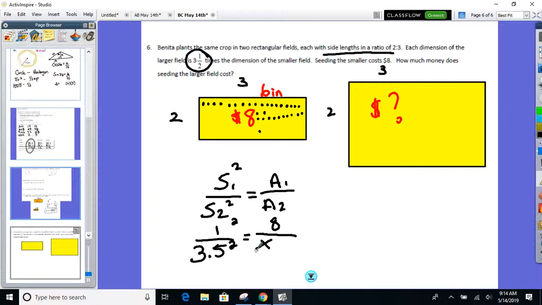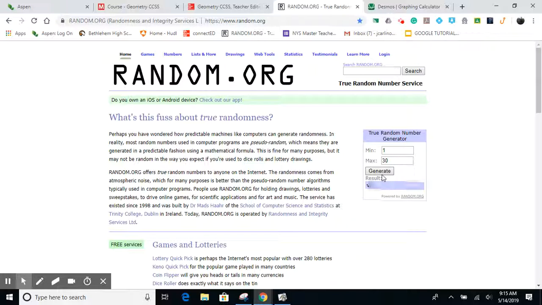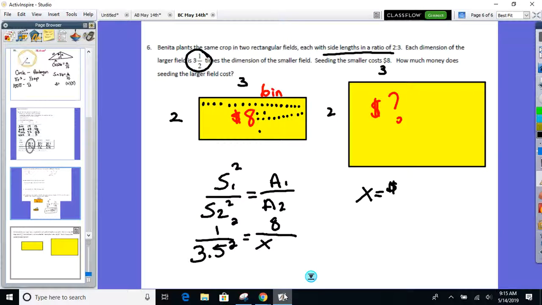This is why you don't just think, oh, 8 times 3.5. It doesn't work that way. $17 when you're ready. How much is it going to cost to seed this larger field?